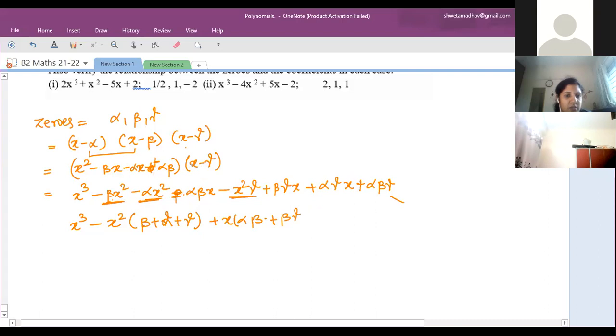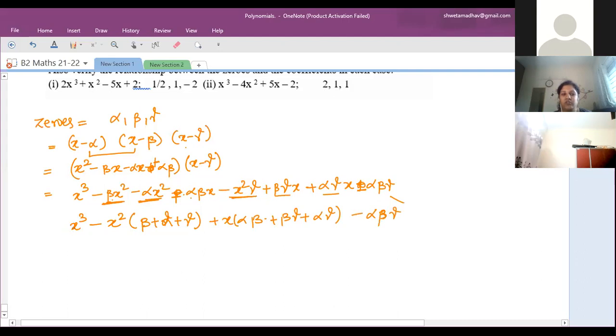So this was plus, so it is x cubed minus beta x squared minus alpha x squared plus alpha beta x minus gamma x squared plus beta gamma x plus alpha gamma x minus alpha beta gamma. So now this is plus, so alpha beta from here, beta gamma from here, and alpha gamma from here, and minus alpha beta gamma.